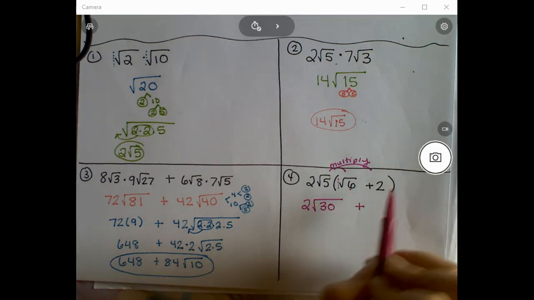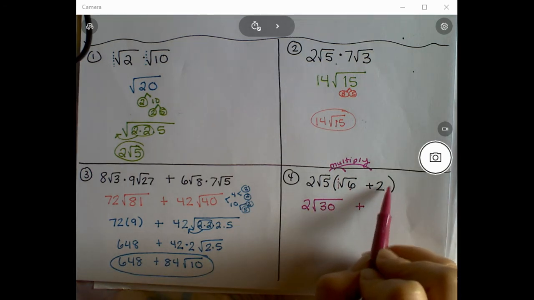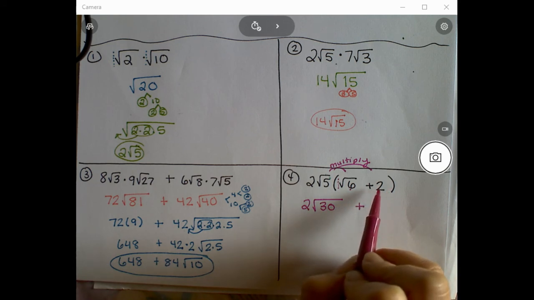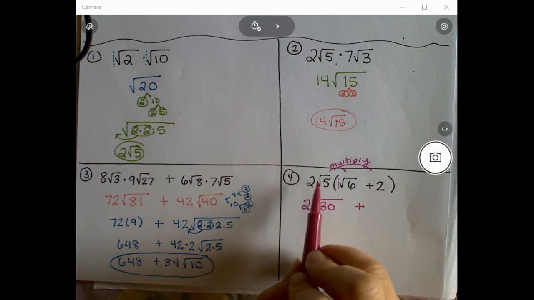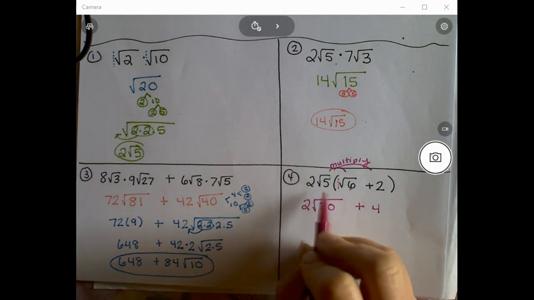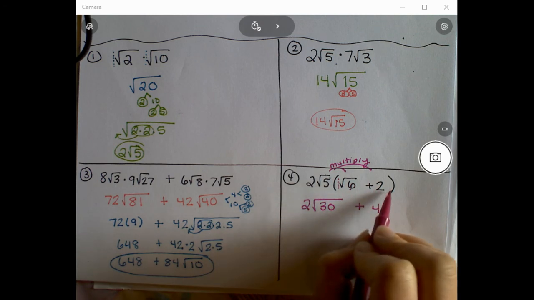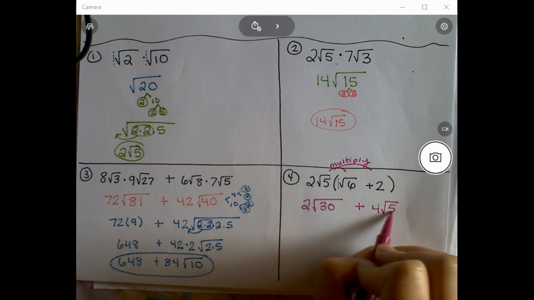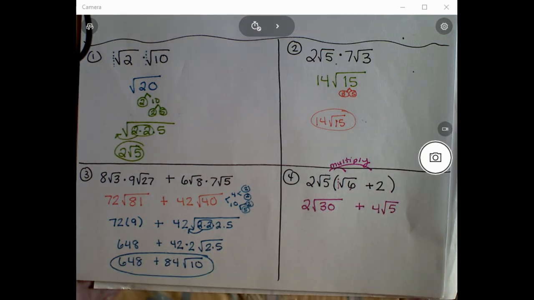Plus. Now this 2 does not have a radical. That's okay, we can still multiply. So we're going to do 2 times 2 is 4. And the square root of 5, and there's nothing there, so it's 4 root 5. And then we need to simplify.